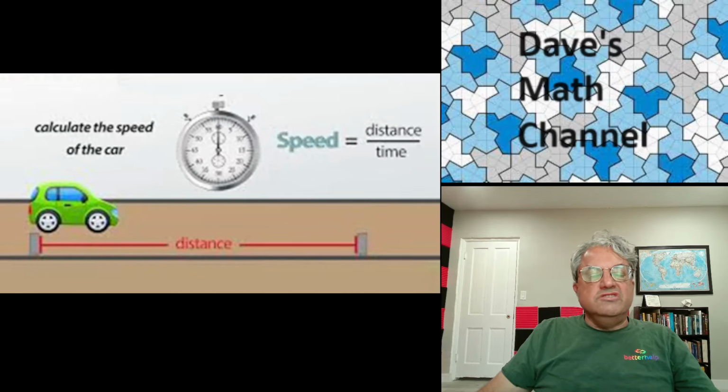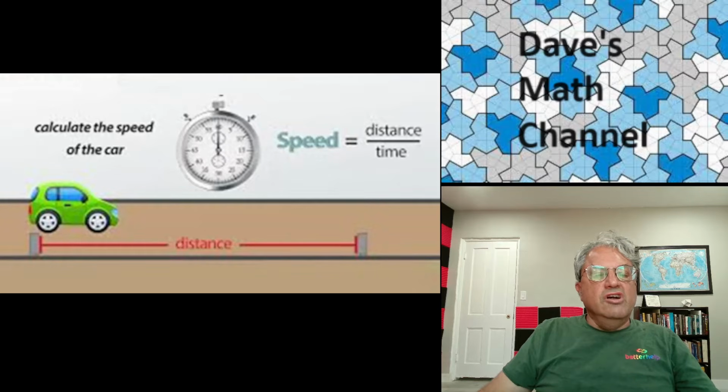Well, then obviously the distance you're going to drive is 50 kilometers, and usually that's how you define speed. If you're traveling 50 kilometers in 1 hour, then your speed is just the ratio, if you like, the quotient, distance divided by time. So if your distance is 50 kilometers and your time is 1 hour, then your speed, if you're going a constant speed, is 50 kilometers per hour.